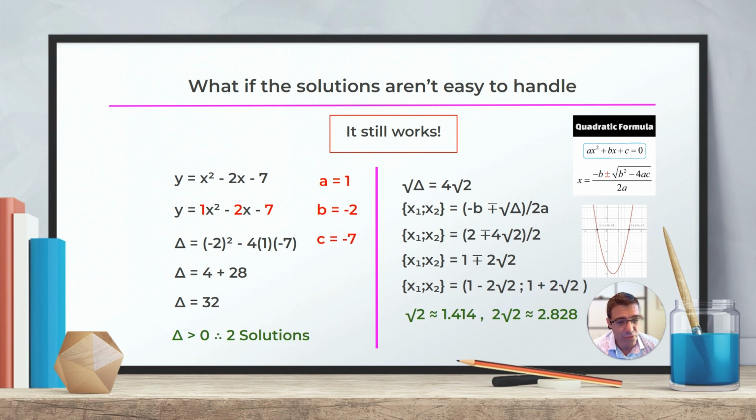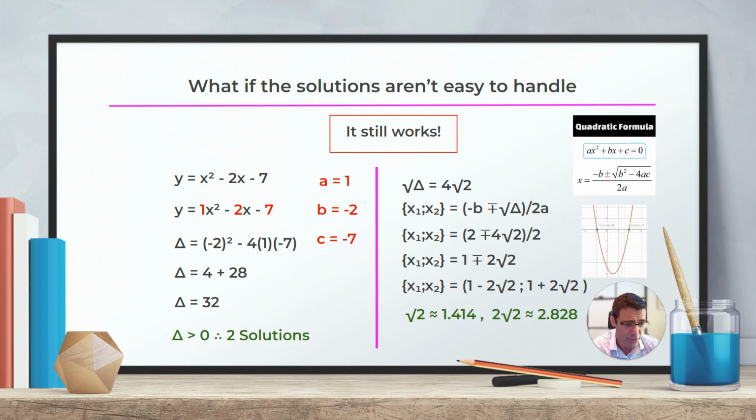The value root 2 is 1.414. The square root of 2 is actually a decimal value. It's just 1.414. You can type that in your calculator and check it out. It's not exactly that. There's a string of decimals after it, but the first 4 digits are 1.414. If you were to multiply that by 2, so when you say 2 root 2, you get 2.828. So 2 root 2 is 2.828.